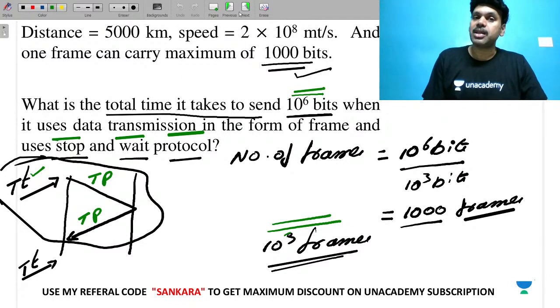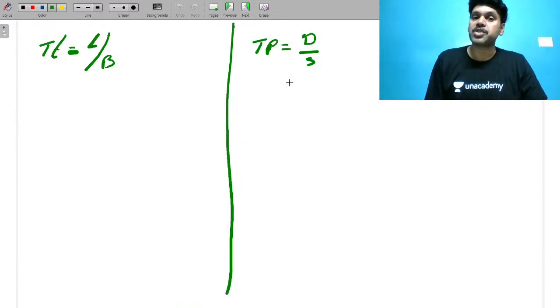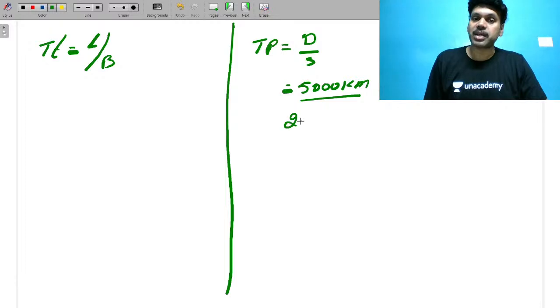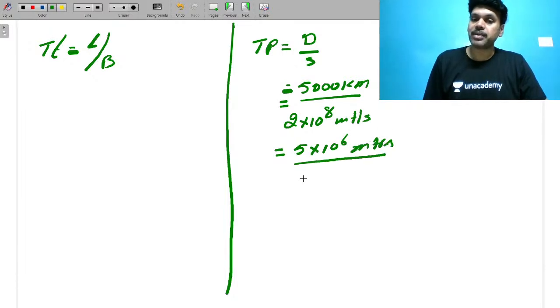So let us see your TP now. 5000 kilometers divided by 2 into 10 power 8 meters per second. So what is your answer? It is 5 into 10 power 6 meters divided by 2 into 10 power 8 meters per second.